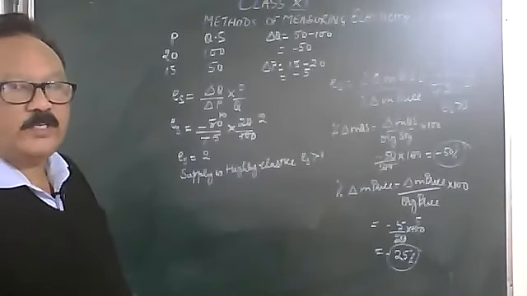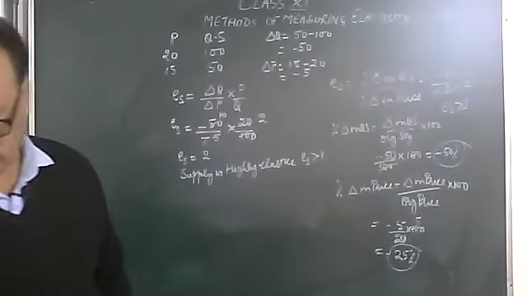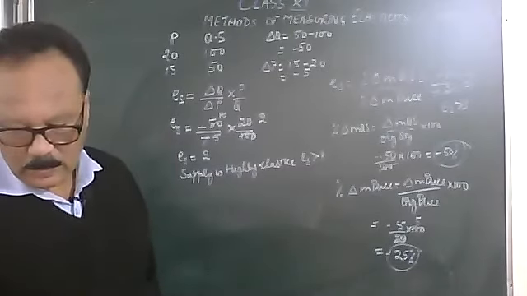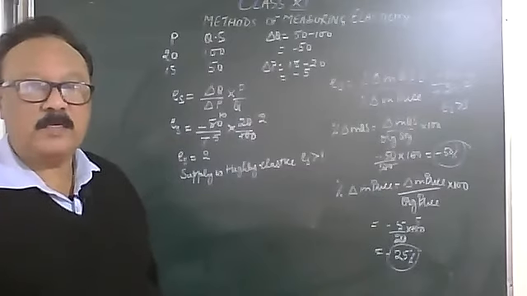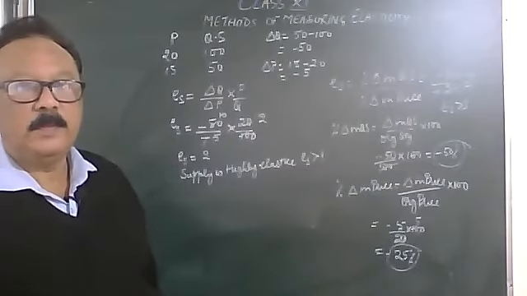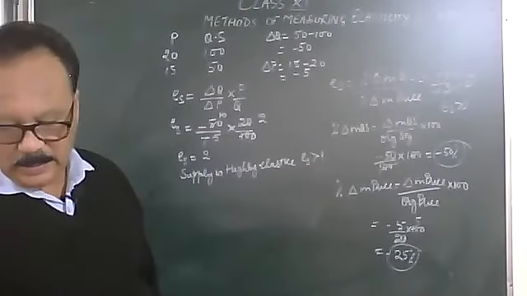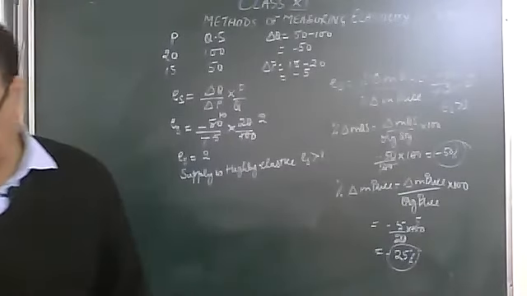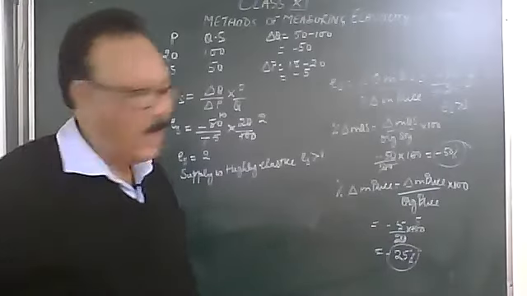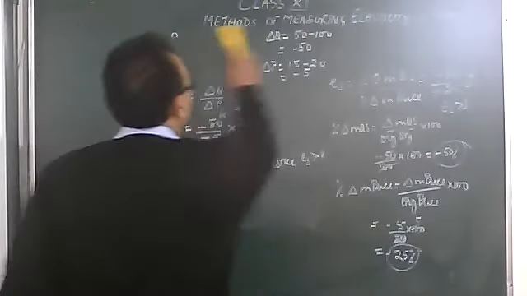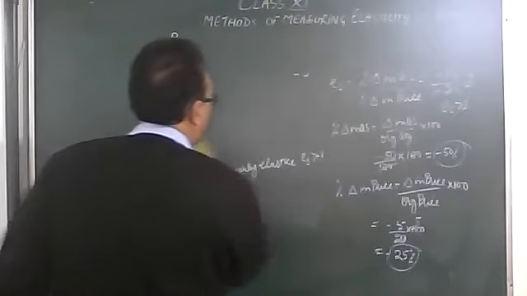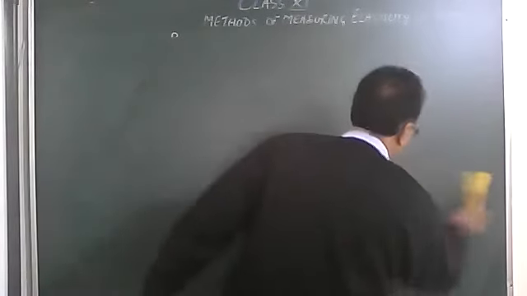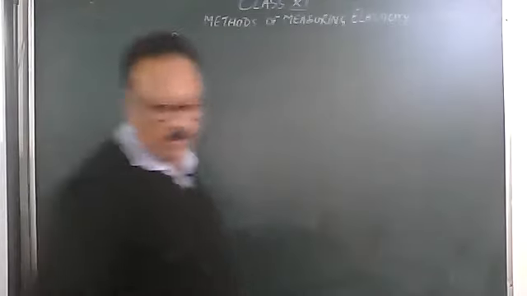Take down the next question. Write down the next question. The supply of a product is 200 units at the price of rupees 20.